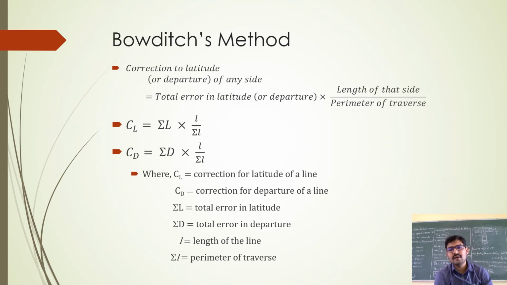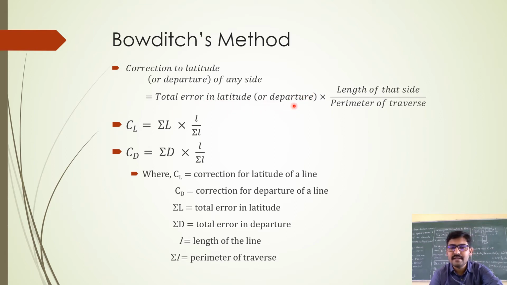So here is how the correction is calculated. Look at the formula, you can easily understand that every latitude and departure can be corrected, right? So look at the formula: correction to latitude or departure of any side, in the sense any line, will be equal to the total error in latitude or departure.